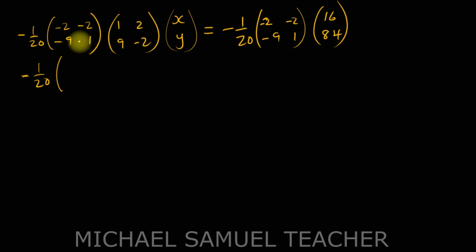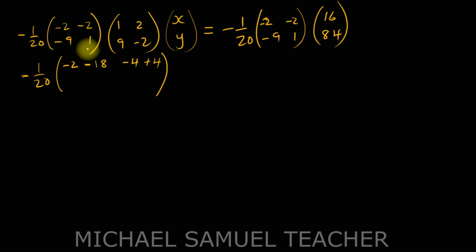So multiply these matrices. I believe you know the order of multiplying matrices. First row, I multiply with the first column. So minus 2 times 1 is minus 2, then plus minus 2 times 9, which is minus 18. Then for the other element, first row times second column: minus 2 times 2 is minus 4, then plus minus 2 times minus 2, so plus 4.